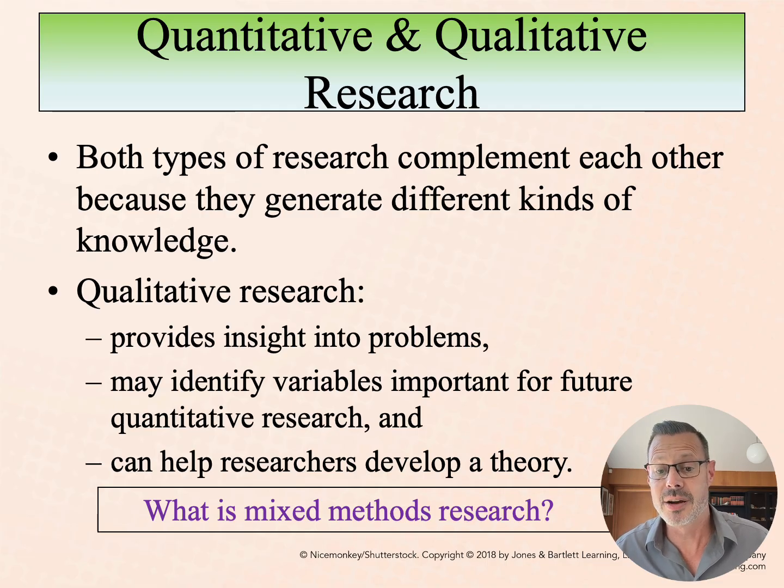You probably figured it out, right? It's both. It's using or creating a research design that utilizes a combination of qualitative and quantitative. And as a researcher, I firmly believe that that is a really ideal method of trying to get a deeper understanding of the research study that you're trying to complete.